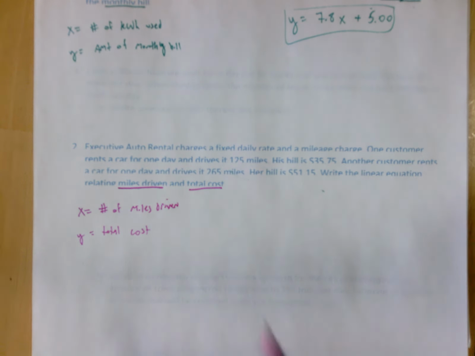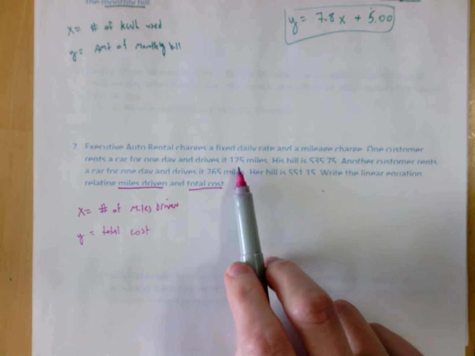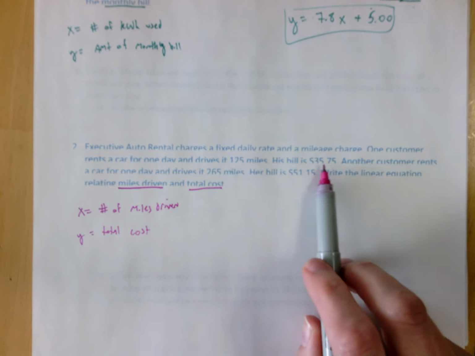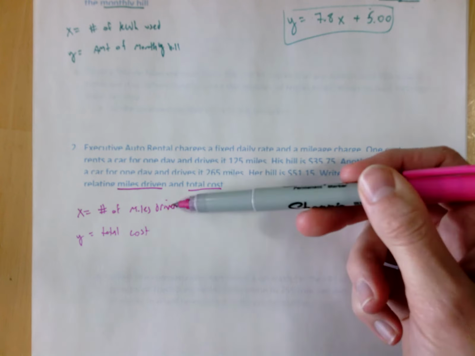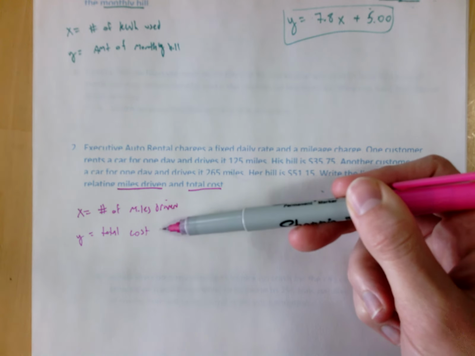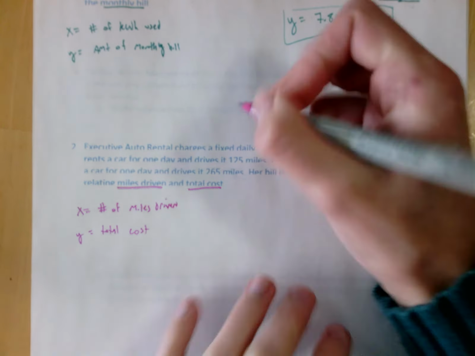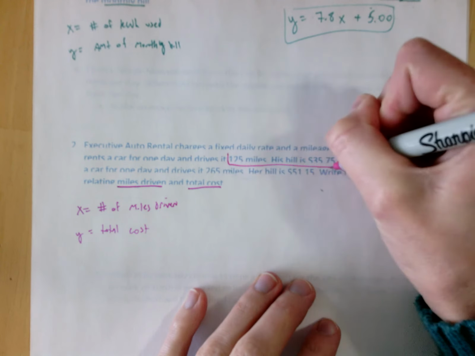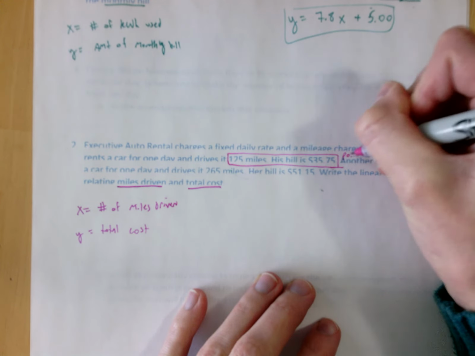Okay, so now we have to look at what information we're given here. The first thing they tell us is that this one guy drives it for 125 miles and then has this much of a bill. So they gave me a number of miles and the bill that went along with it. Okay, so that is a point.